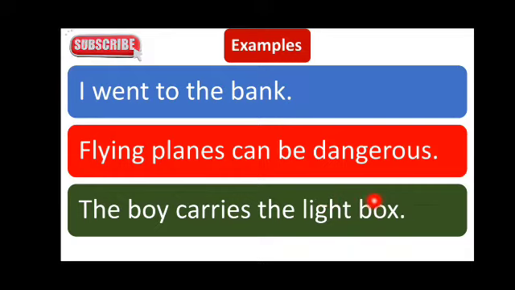And light box can also mean something bright, or which has the capacity to produce light. So light means something that is easy to lift, or a device that produces light. So light box also has more than one possible meaning. I hope you got it.